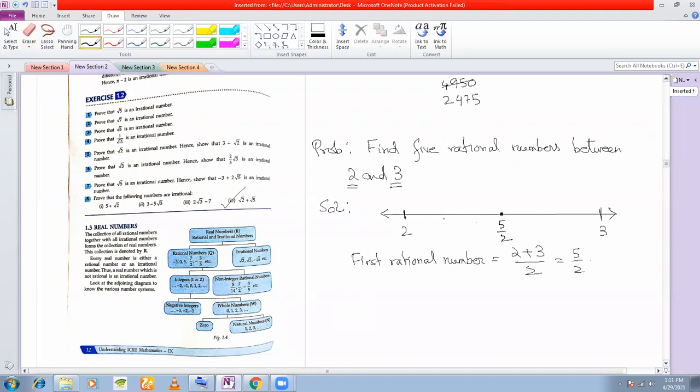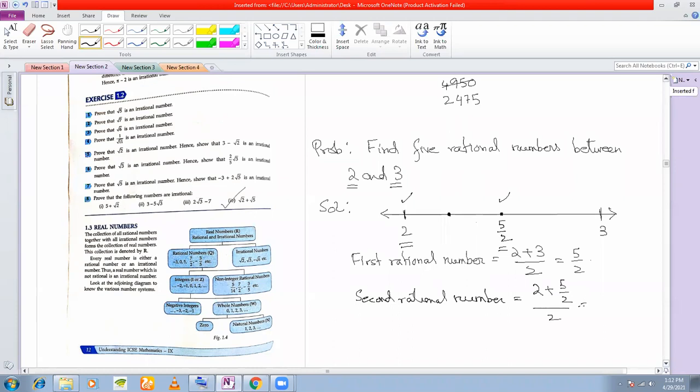Now we need to insert another rational number. You see this 2 and this 5 by 2 that you have already inserted. You take the middle part of these two points. So the second rational number is, you add up this 2 and this 5 by 2 and divide it by 2.